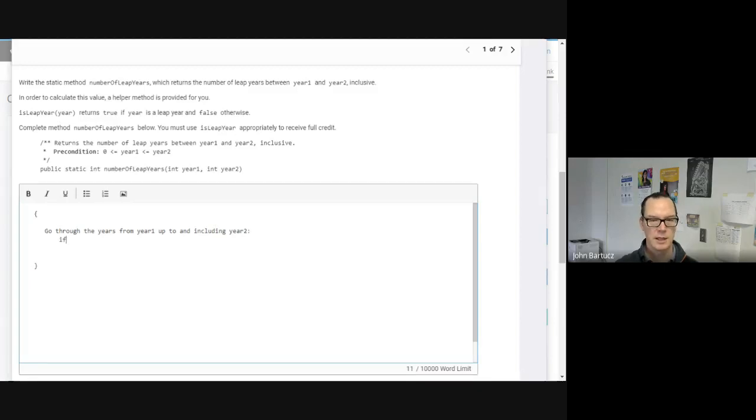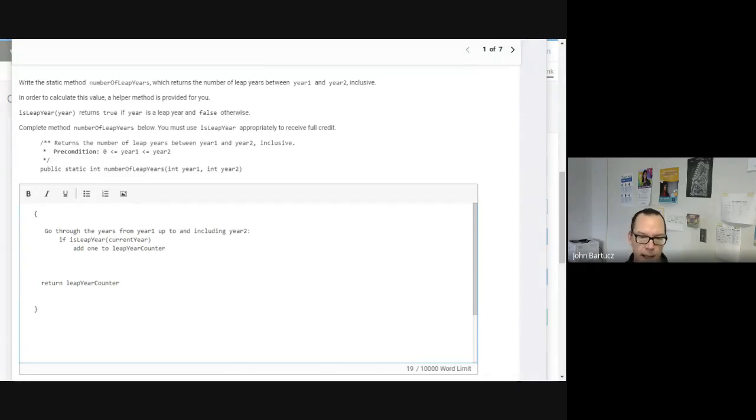And then I'd say if is leap year current year, then add 1 to leap year counter, and then at the end I know I have to return leap year counter. That is literally what I would do if I were solving this problem.